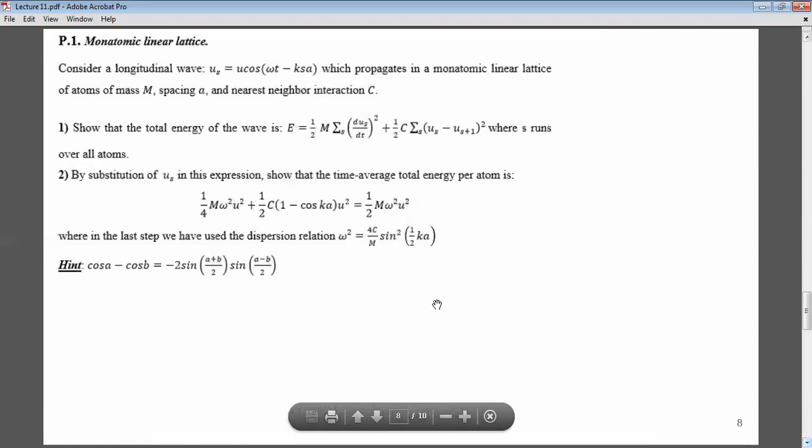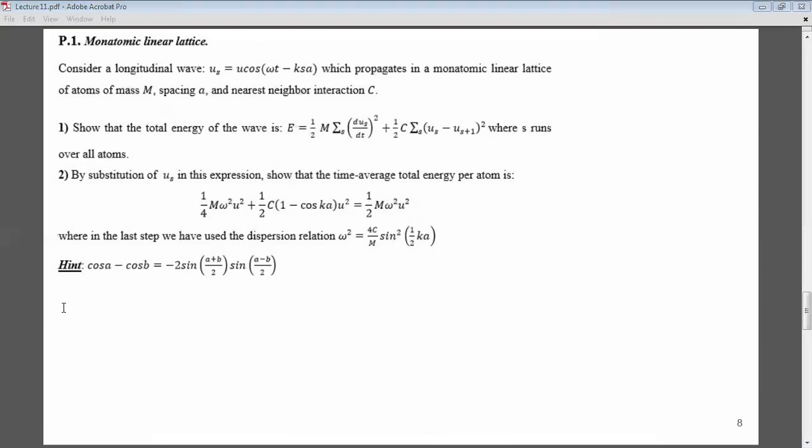Okay, let's solve one exercise. Here actually we have to use all these functions that we mentioned. The fact that sine squared Ka over 2 is equal to 1 minus cosine Ka over 2. Omega equal to 2 square root C over M sine Ka over 2. And also we will use this.